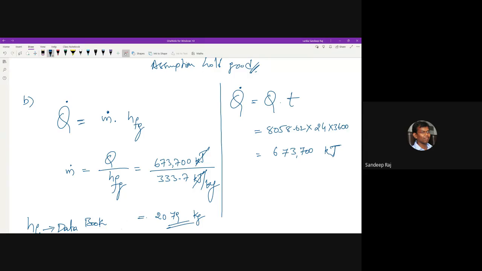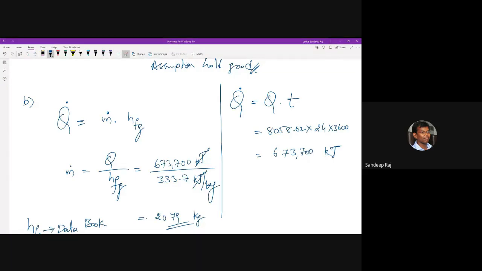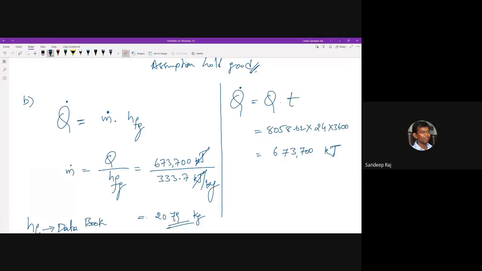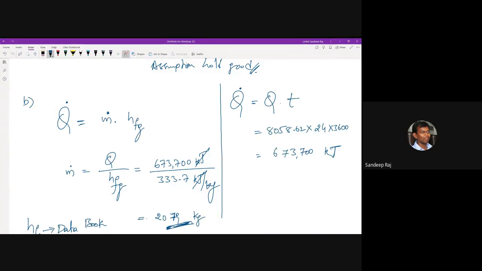Okay, if the atmospheric temperature is maintained at 22 degrees centigrade throughout, this much, 2079 kgs of ice will get melted because of the heat transfer from outside to the ice. Okay, that's what the point is here.